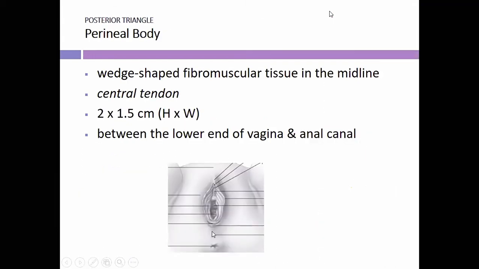Now, another structure is the perineal body. This is a web-shaped fibromuscular tissue in the midline. This is also known as the central tendon. And this perineal body is short, especially for Filipinos, because it just measures 2 centimeters in distance between the vaginal opening and the anal opening.